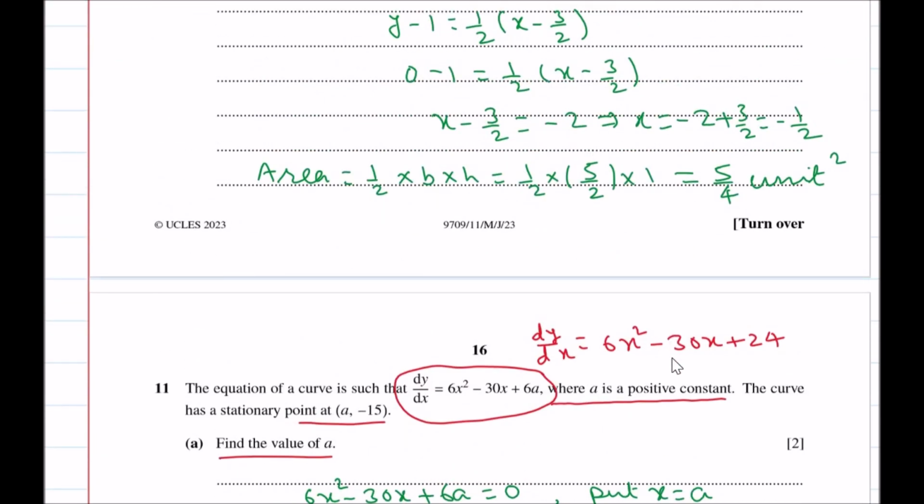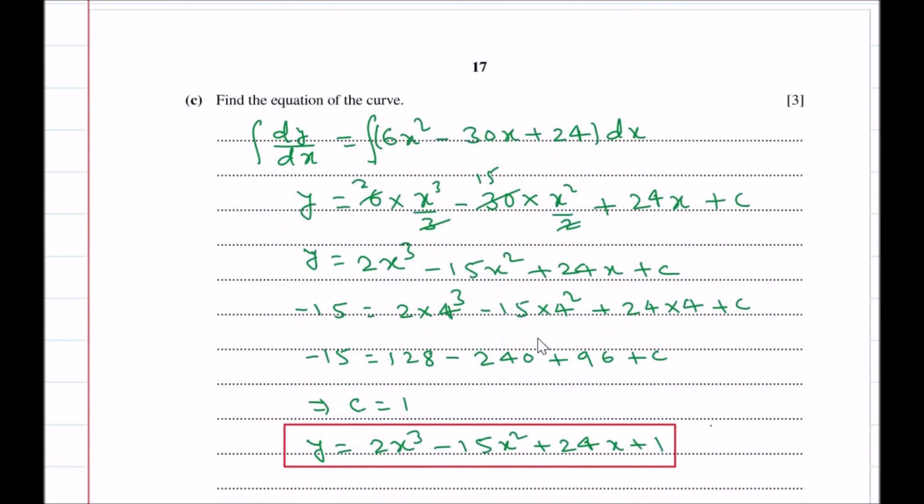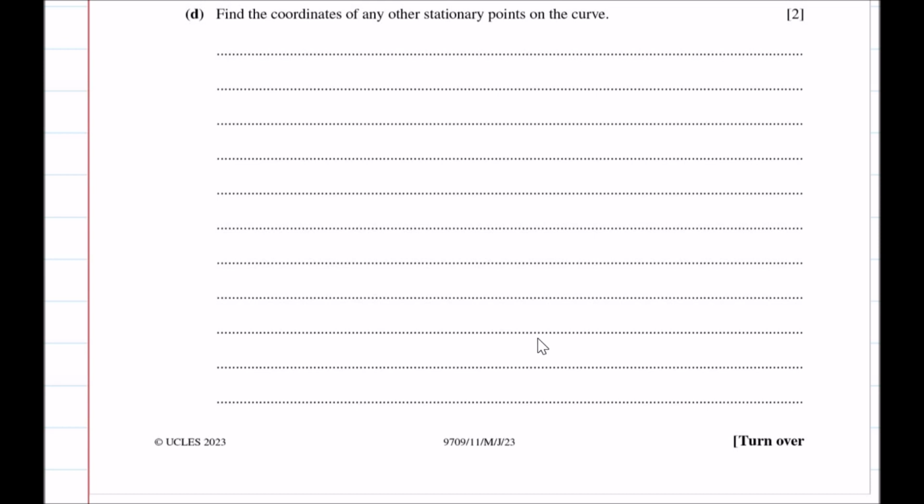You can see here 6x square minus 30x plus 24. 6x square minus 30x plus 24 equal to 0.